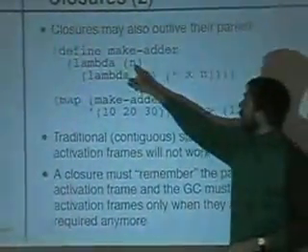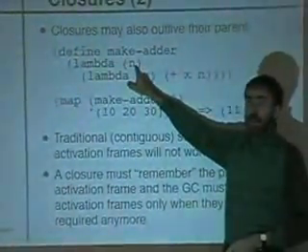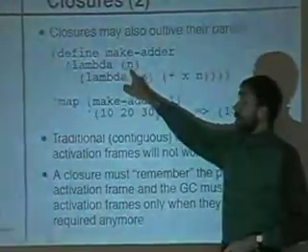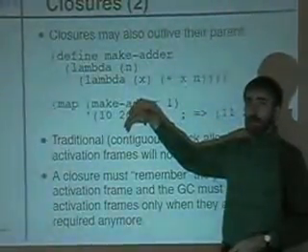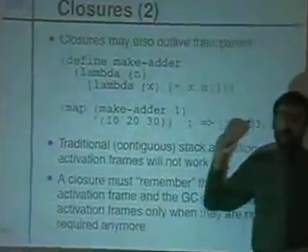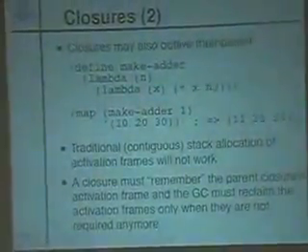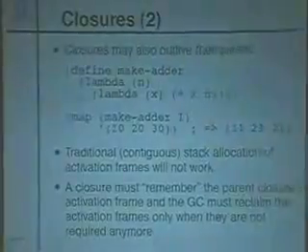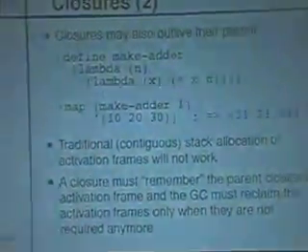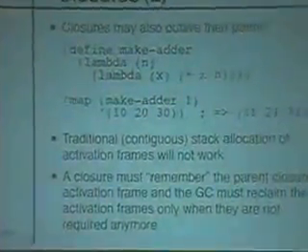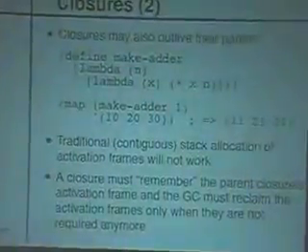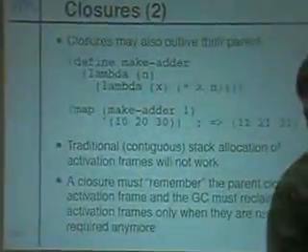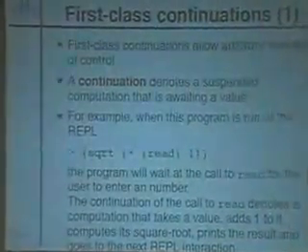And if we do that, then the activation frame that contains n will be reclaimed when makeAdder returns. And then there's no way to actually get to the value of n. So the closure has to remember somehow the parent activation frame, and it's up to the GC, the garbage collector, to reclaim activation frames when they're no longer needed.